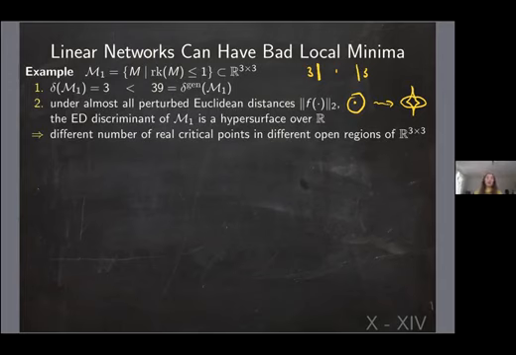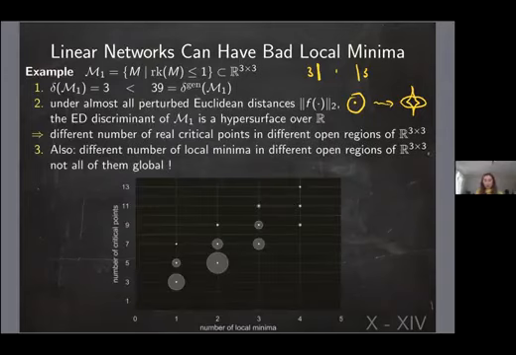So it depends on the data matrix how many real critical points you get. But in the Eckart-Young theorem situation, all critical points were always real. This is not true anymore if you perturb the quadratic loss. And you have bad minima and a different number of local minima.